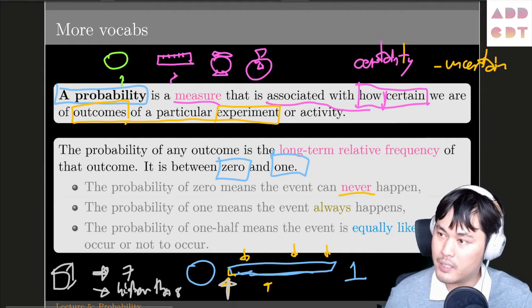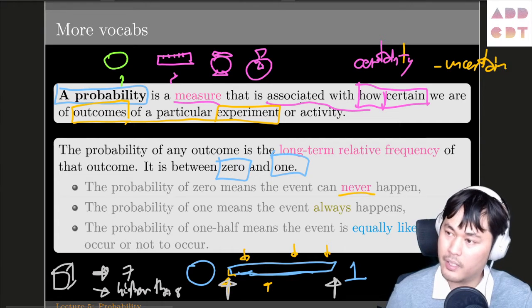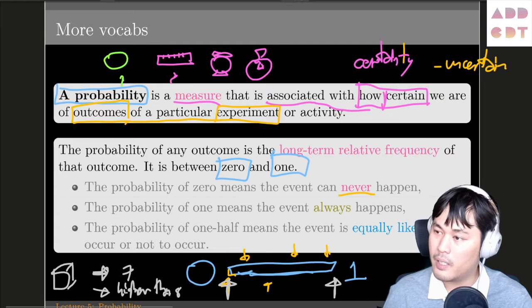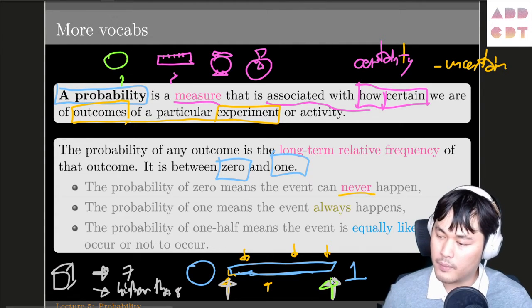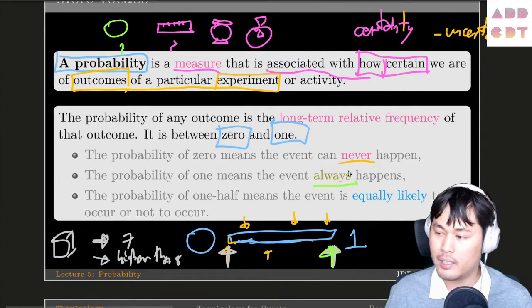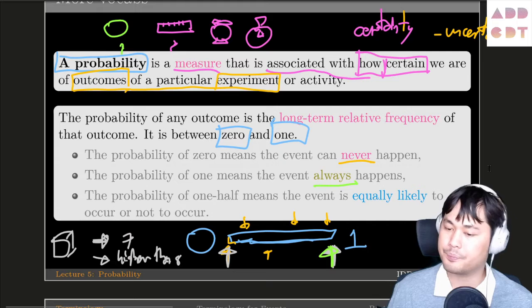On the other extreme end, the number 1, this is describing an event and an outcome that is surely going to happen. We are certain that it always happens.